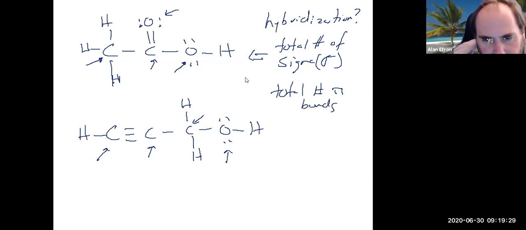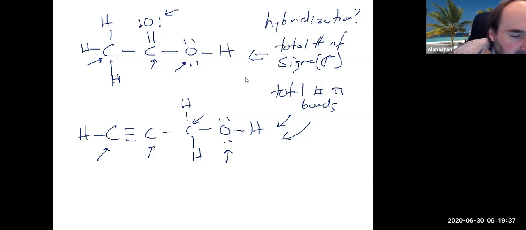And same thing for the one on the bottom. So for each of them, the total number of sigma bonds in the entire molecule, the total number of pi bonds in the entire molecule, and also the hybridization of everybody that has an arrow. I want you to take a couple of minutes and then we will talk about it. Again, you don't have to draw any arrows or boxes, just give me the hybridization and the total number of sigma bonds and pi bonds in each.